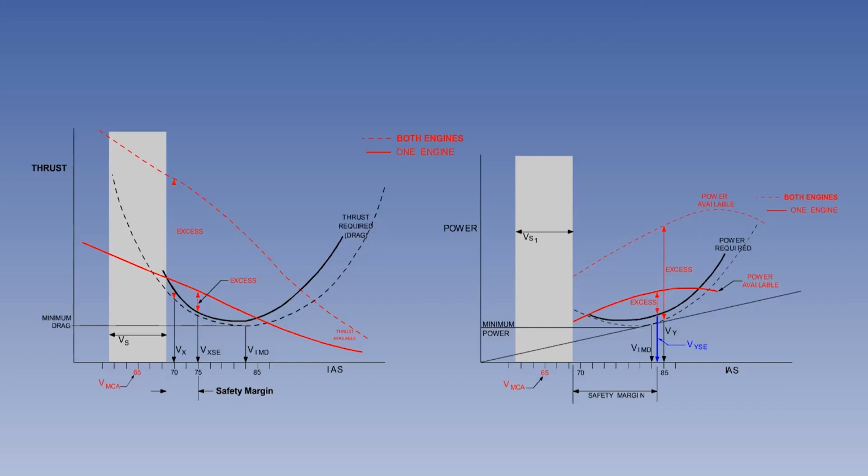Under most circumstances, Vy and Vyse are the best speeds to use. On small twin-engine aircraft, Vyse is marked on the airspeed indicator by a blue radial line, and is referred to as blue line speed.